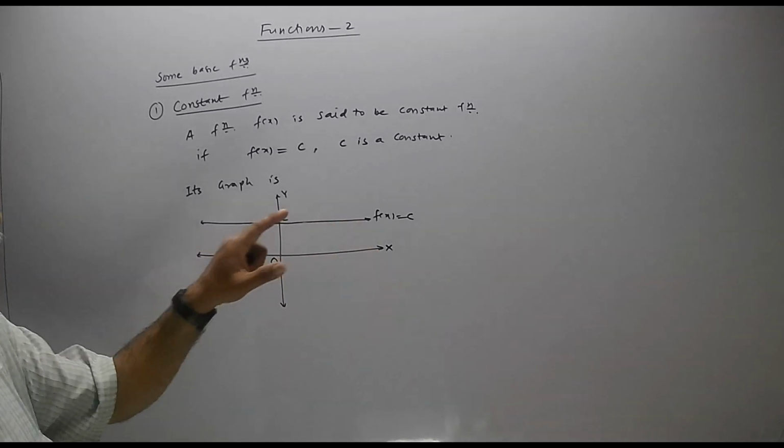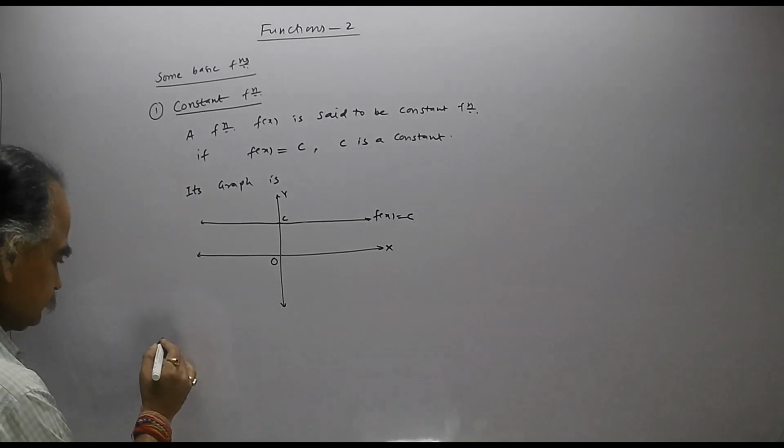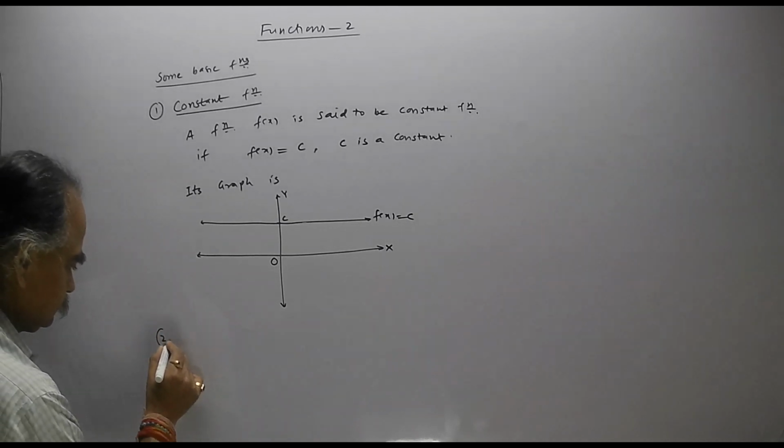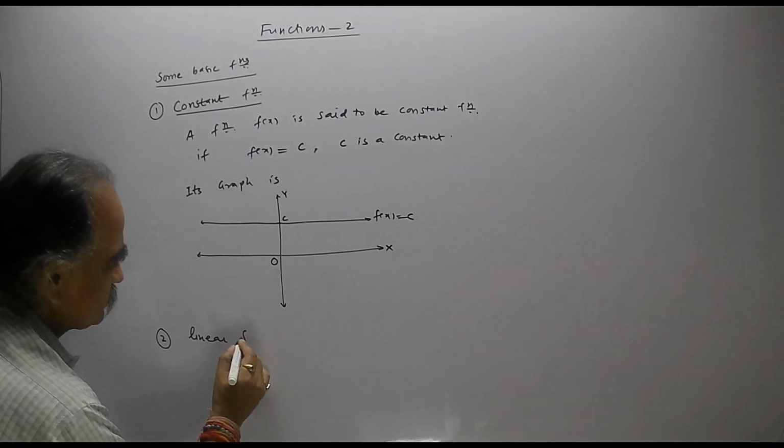So this is the graph of a constant function. Second function is what? Linear function.